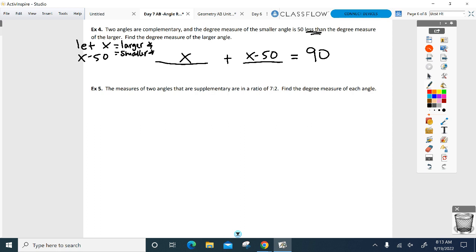All right, let's solve it. Let's solve for x. Combine your like terms and move it over.